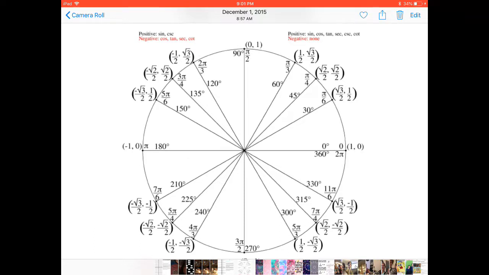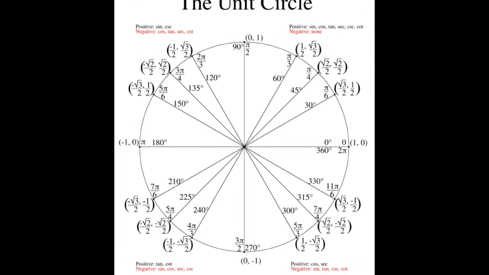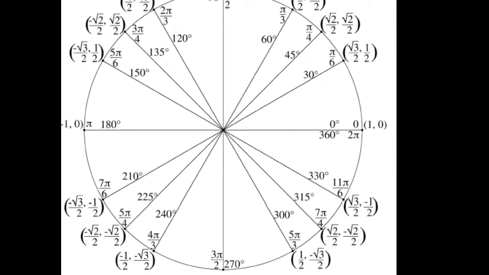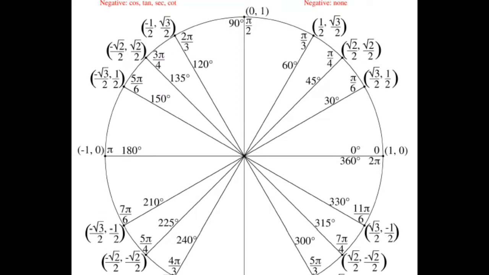So I need to look to the unit circle here. And for sine and, not cosine, sine and tangent, we're only going to look at the right side of the unit circle, so just in these quadrants 1 and 4, and I'm looking for any y values of negative root 3 over 2.